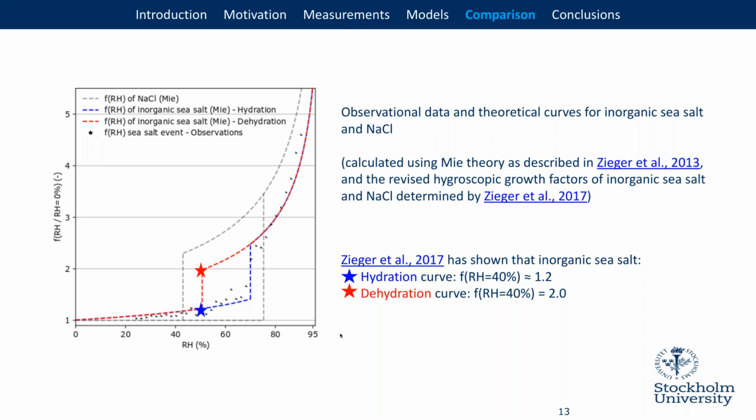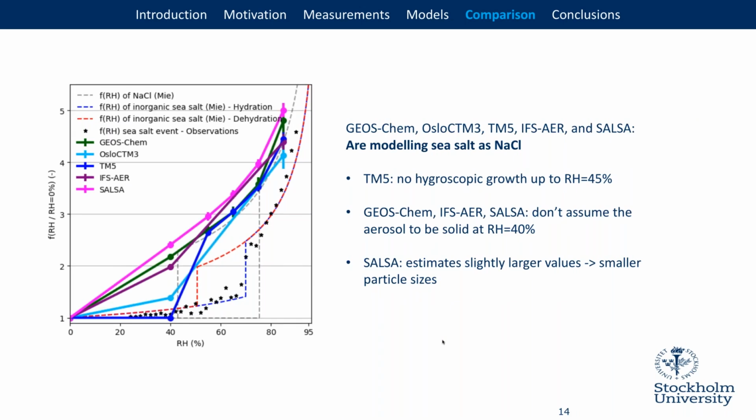And for you to have an idea of the magnitude of the values we're talking about, F of RH at 50% relative humidity for the hydration curve is around 1.2, and for the dehydration curve is around 2. So let's see how our models lie within these curves. We've got 5 of the models that are modeling sea salt as sodium chloride, since they lie with the gray curve here.